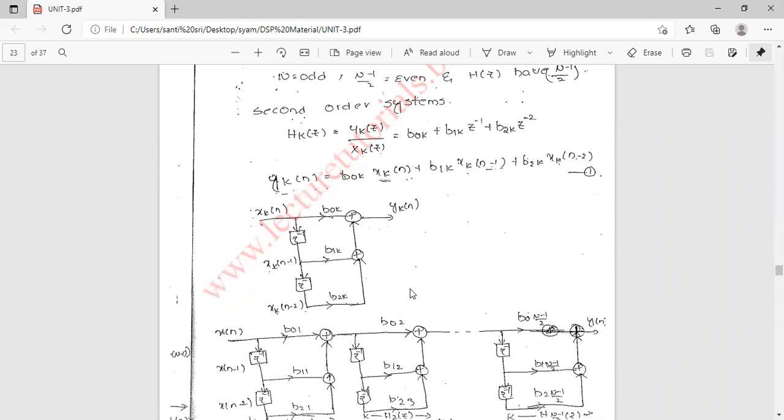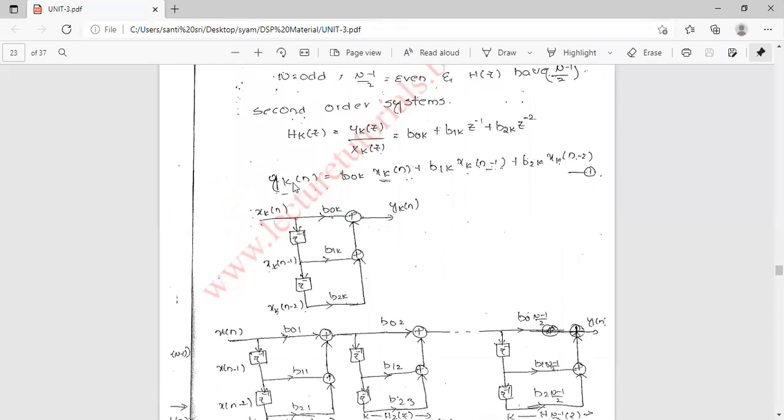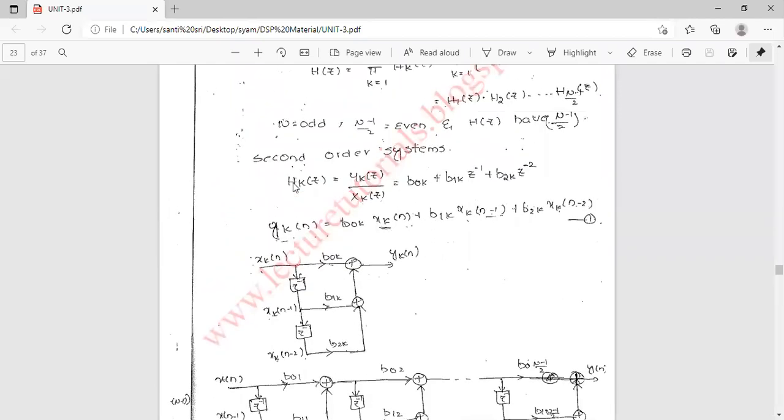So this can be drawn like this by using the direct form. That is b0k into xk(n) plus b1k into xk(n minus 1) plus b2k into xk(n minus 2) is equal to yk(n). Similarly, this is xn, and this goes into Xk(z).